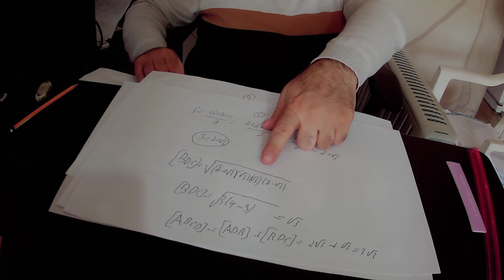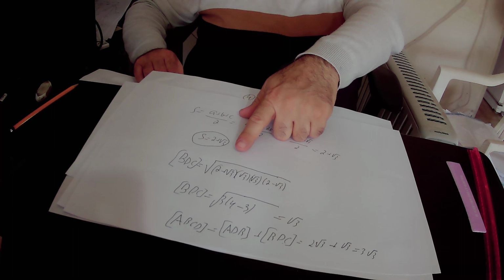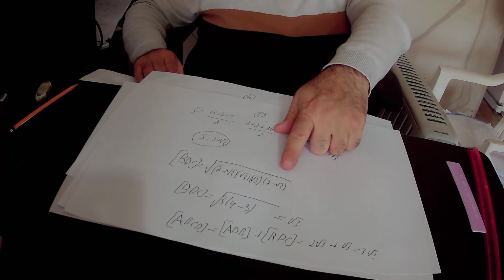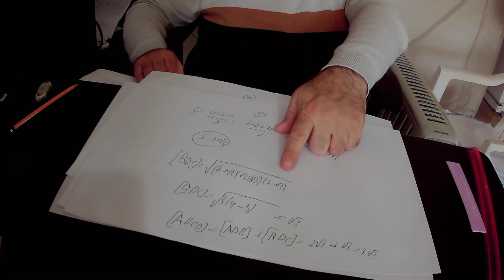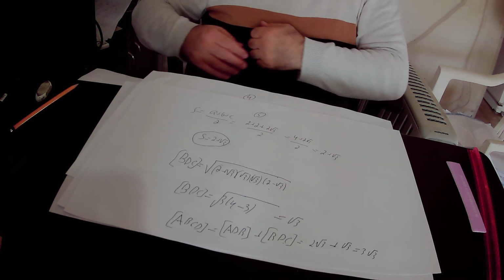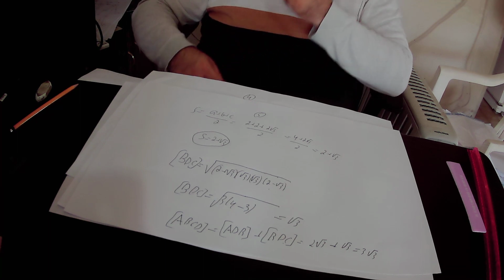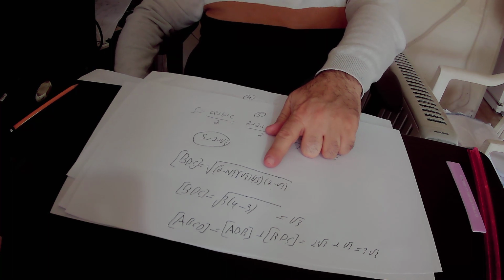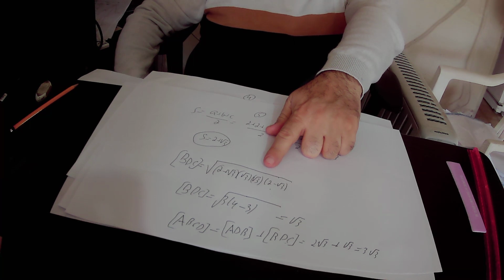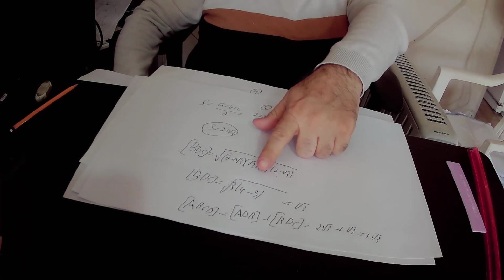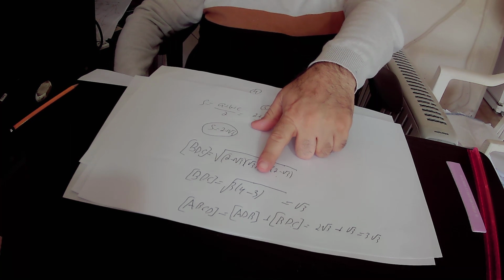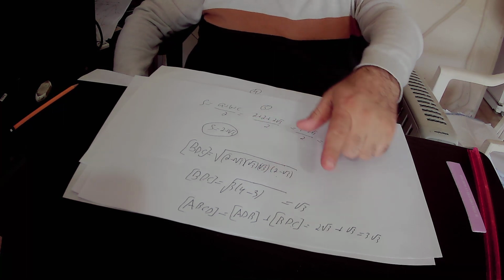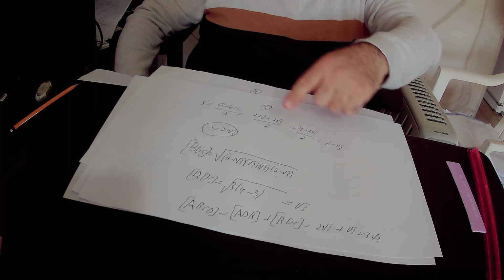Here square root of 3 times square root of 3 is 3, and 2 plus square root of 3 times 2 minus square root of 3 is like the algebraic identity that says that A plus B times A minus B equals A squared minus B squared. So A is 2, so A squared is 4, and B is square root of 3, and square root of 3 squared is 3. So in conclusion, we got that the area of triangle BDC equals the square root of 3 times 4 minus 3, which is 1. So the area of triangle BDC equals the square root of 3 units.